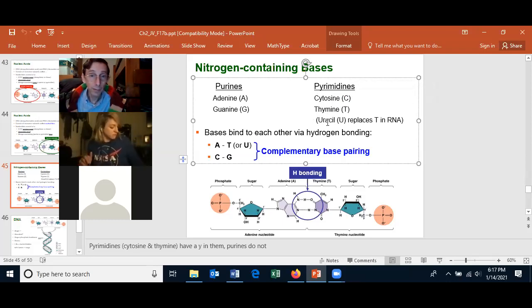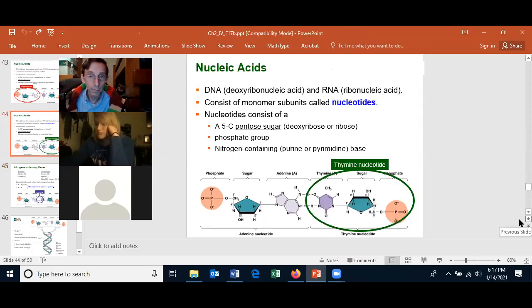The other thing I should point out is that A binds with T in DNA, and G binds with C. There will be hydrogen bonding between those links. There will be two hydrogen bonds between an AT link, and three hydrogen bonds between a GC link.